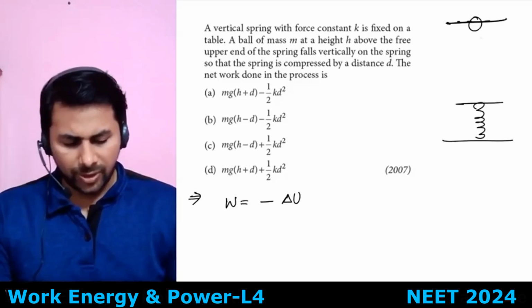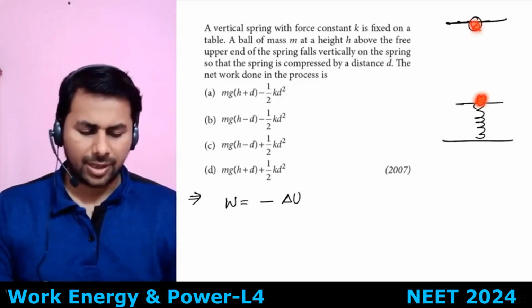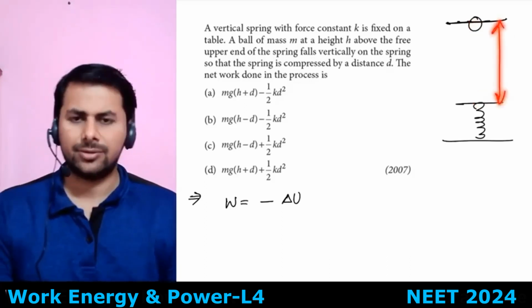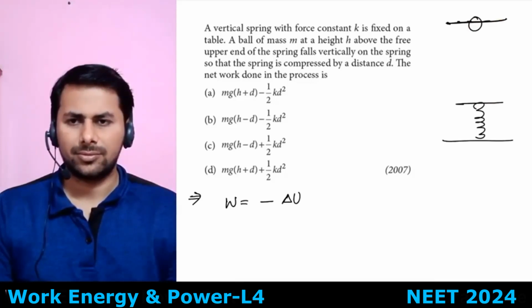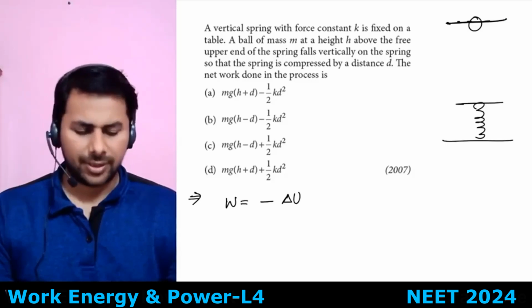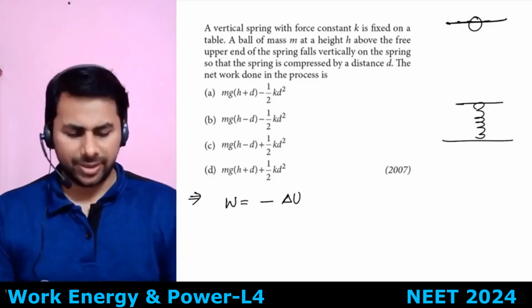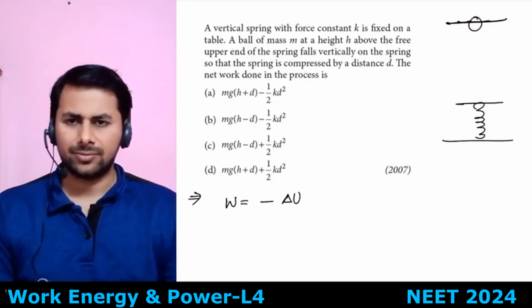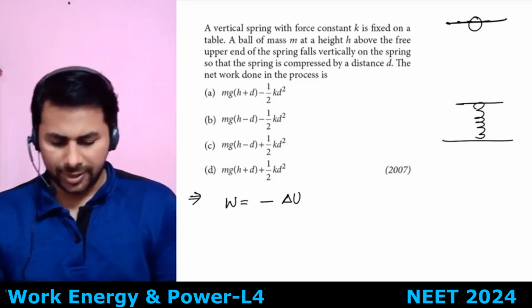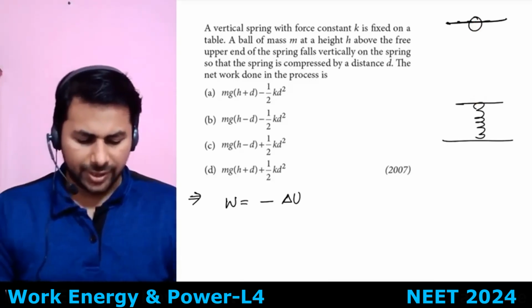Suppose the ball falls till here, how much is the change in potential energy? It will be minus of mgh because it is decreasing.